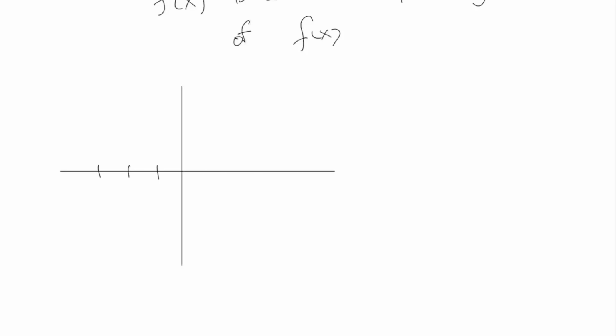I'm going to try to draw a function like this. Like that, all right? And I would like to say, what can we say about the derivatives of this function?